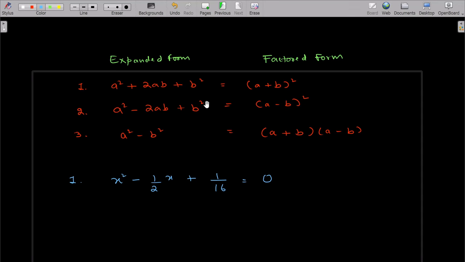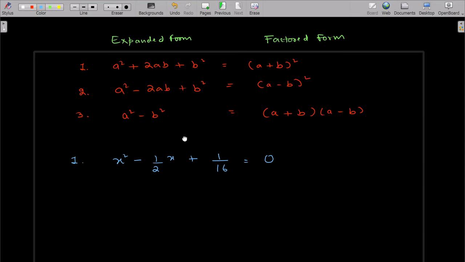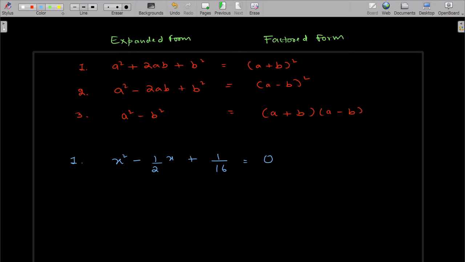But this method can be also useful if the question asks you to find out the factored form of this equation. If you have to find out the factored form, then I don't think it can be done using the method of factoring. It would be really difficult to find the two numbers whose product is 1 over 16, and when you add them you get negative 1/2, right?